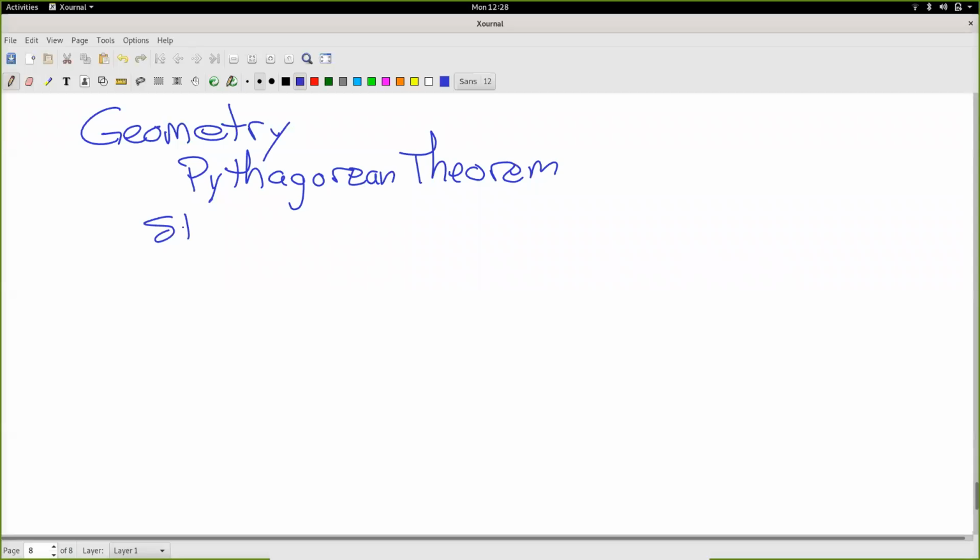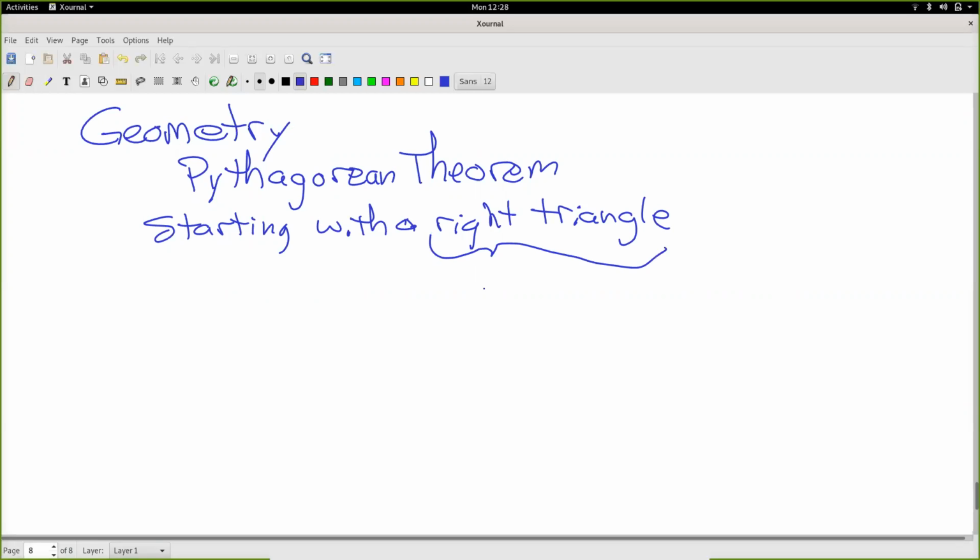So starting with a right triangle. And if you forgot what a right triangle was, the right means you have a 90-degree angle, often called a square angle.